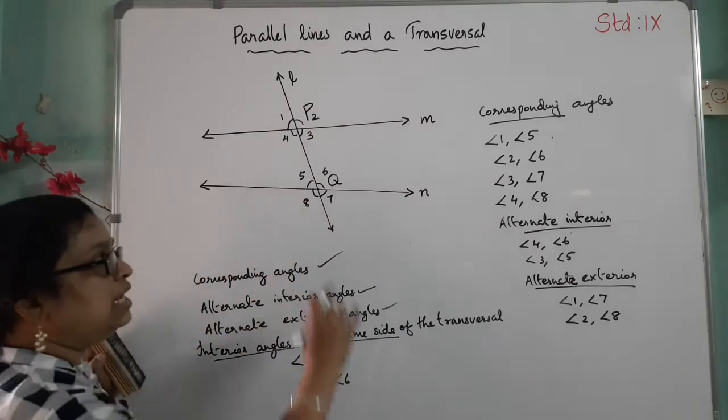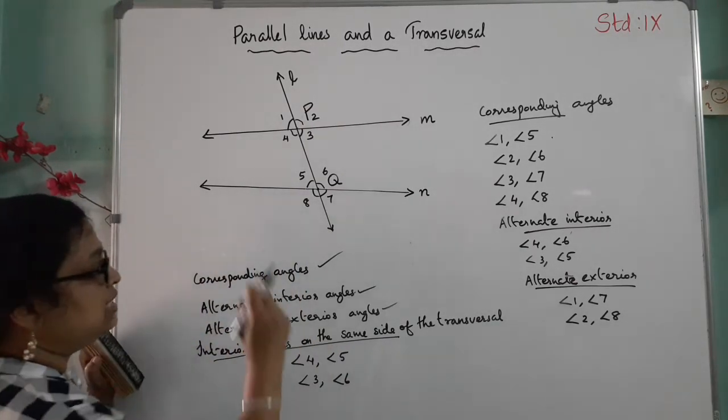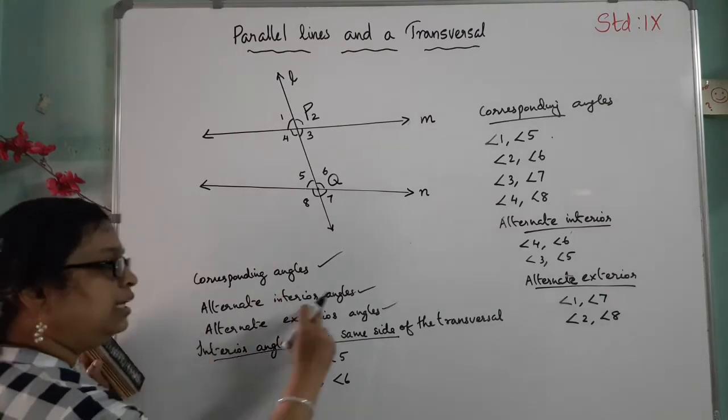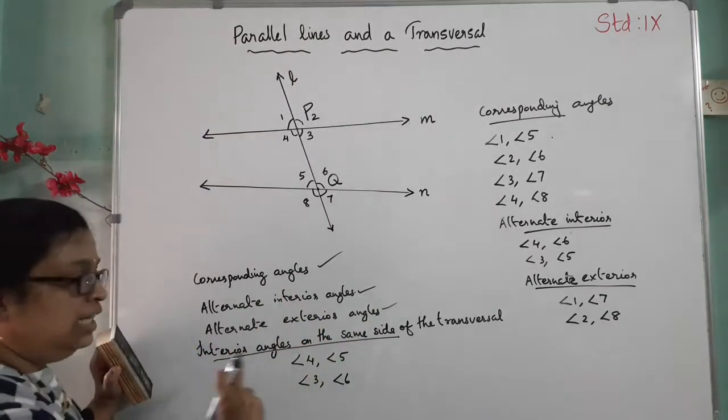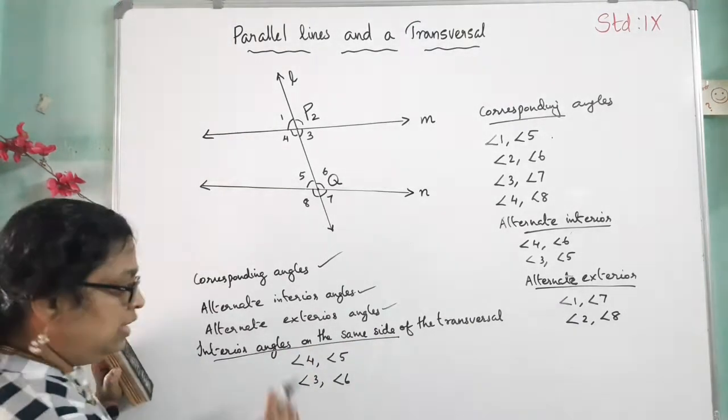So when a transversal intersects two lines, corresponding angles formed, alternate interior angles formed, alternate exterior angles formed, interior angles on the same side of the transversal.